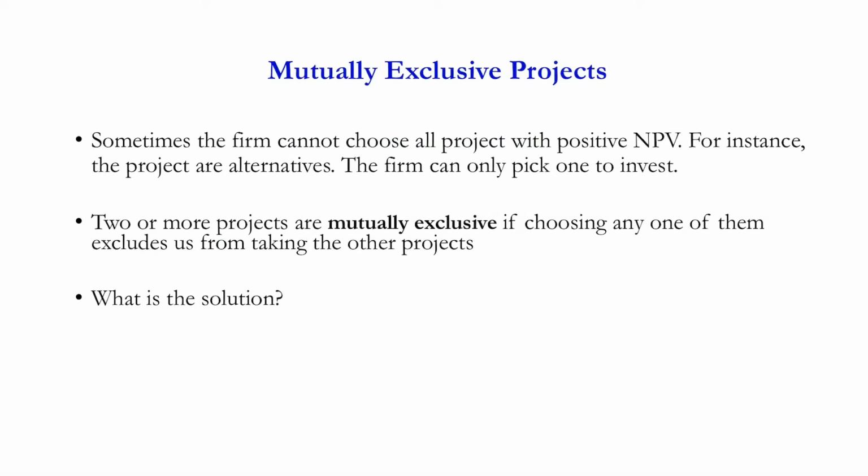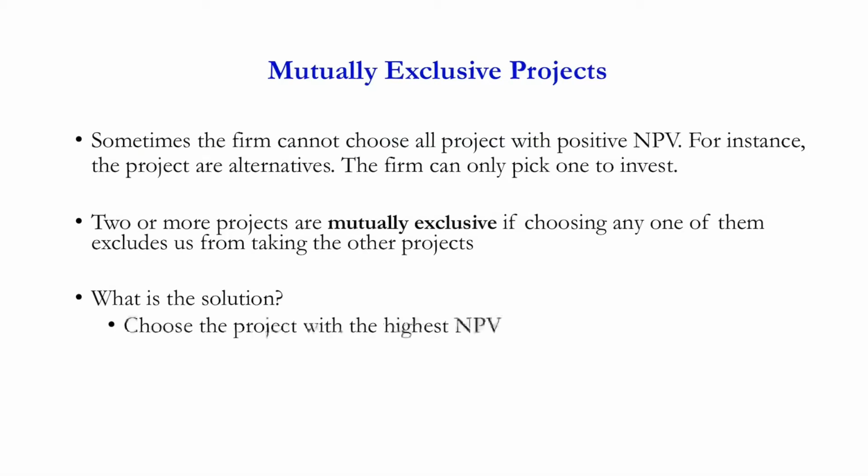Formally, two or more projects are mutually exclusive if choosing any of them excludes us from taking the other projects. So, now what is the solution? How can we choose among mutually exclusive projects?